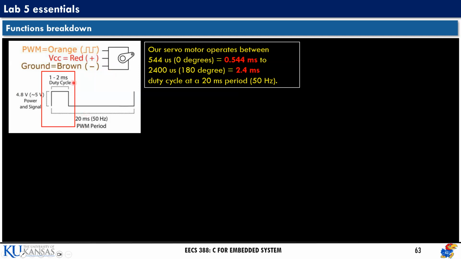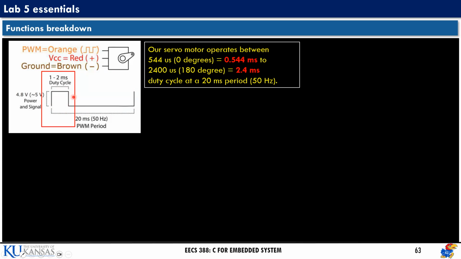For example, with this 20 millisecond clock period, if it is turned on only for 1 millisecond, then the duty cycle is 1 by 20 millisecond. It's very straightforward.